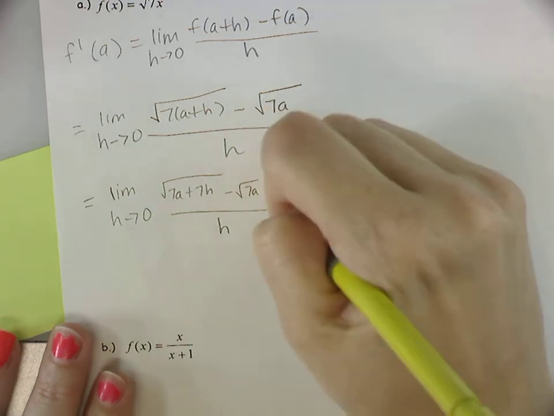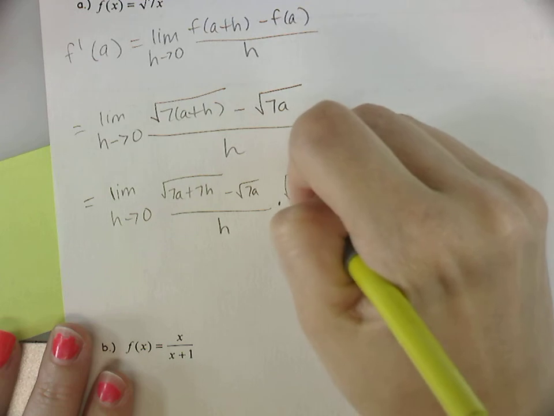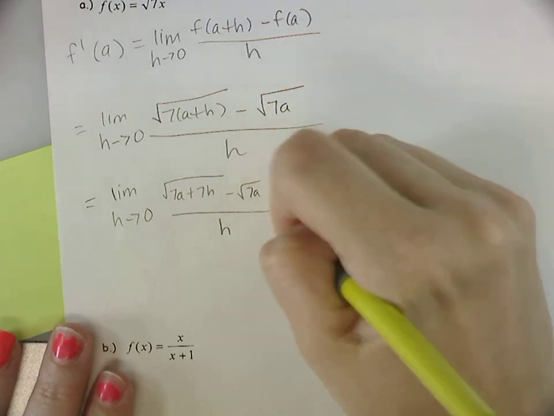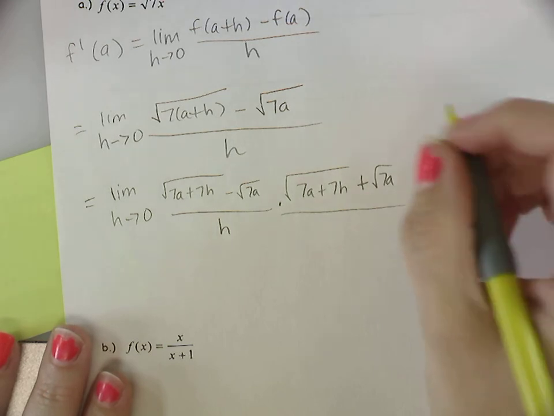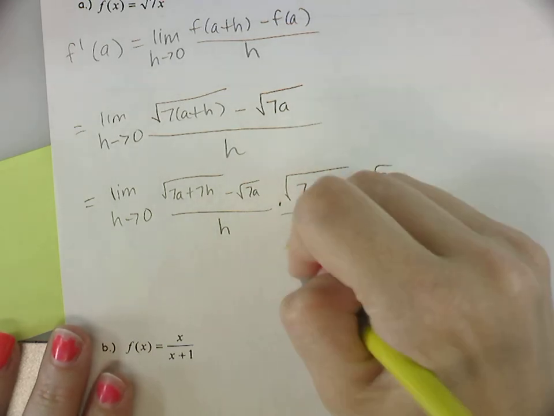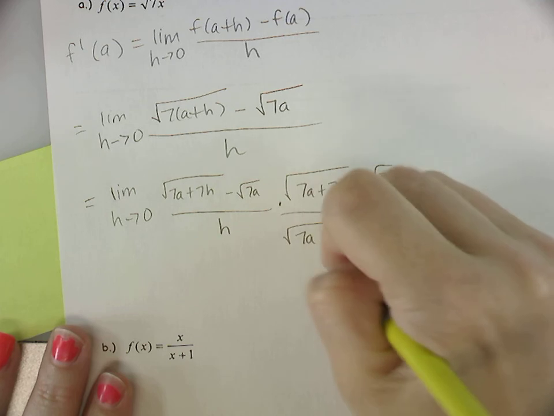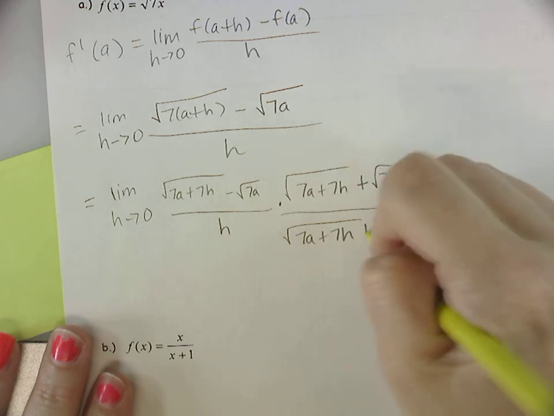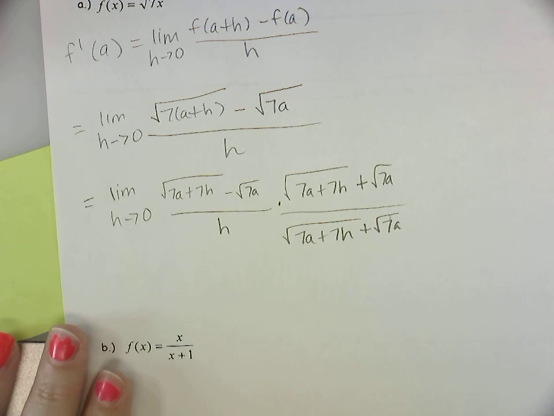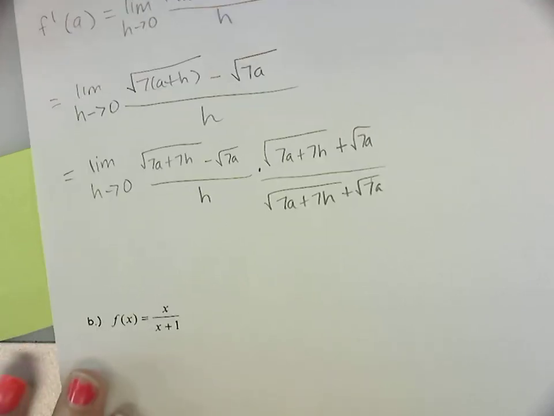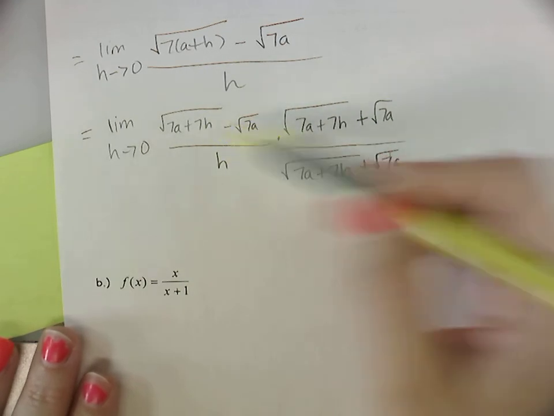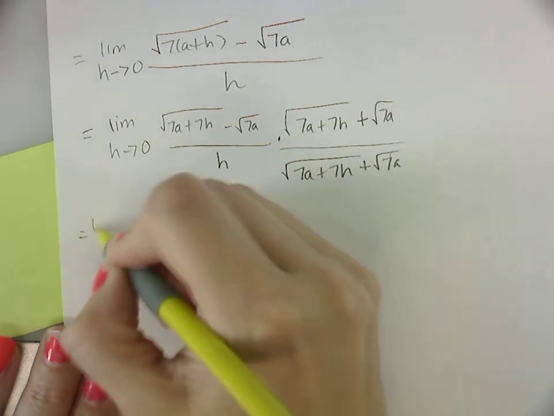So the conjugate would be the square root of 7a plus 7h plus the square root of 7a over that same value. And when you're doing this on your homework, I don't mind if you do the quotes there, but on your test or quiz, you need to write it out. And if you do put the quotes, that's really an easy way to forget what you need to multiply on the bottom.